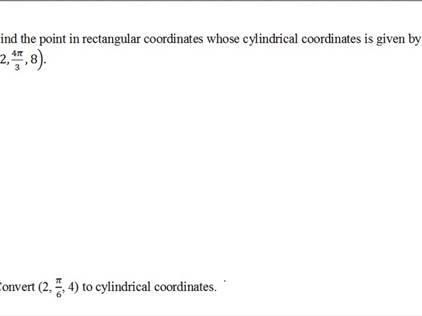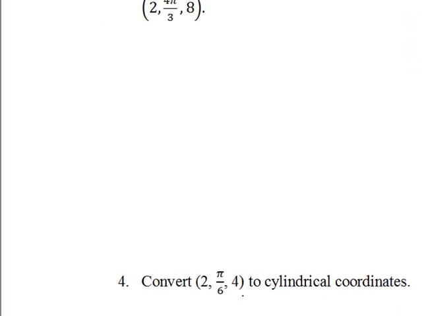I'm so sorry about that. This should be convert to cylindrical. This is wrong. This point should be square root 3, 1, 4. Okay? All right. So rectangular first and then cylindrical.